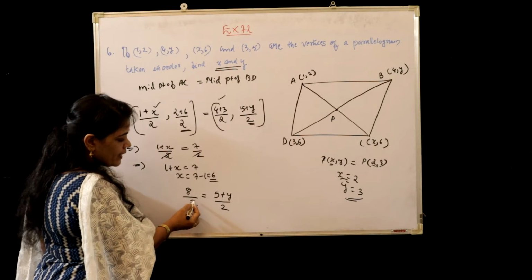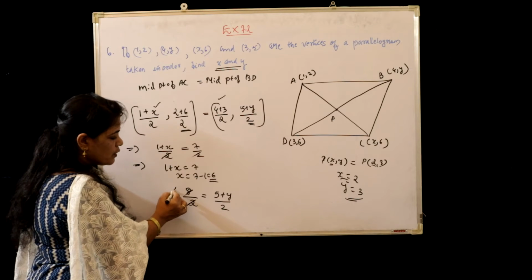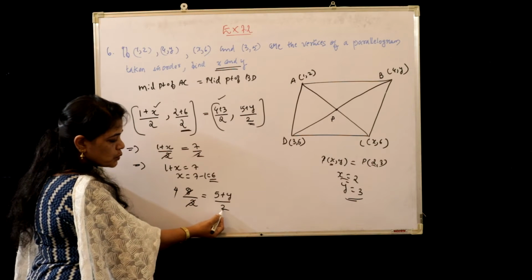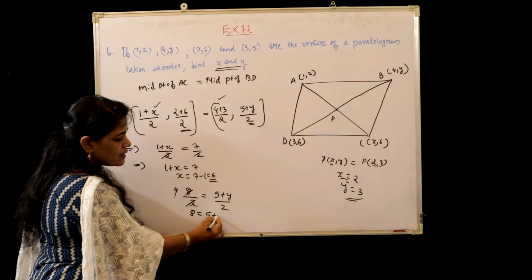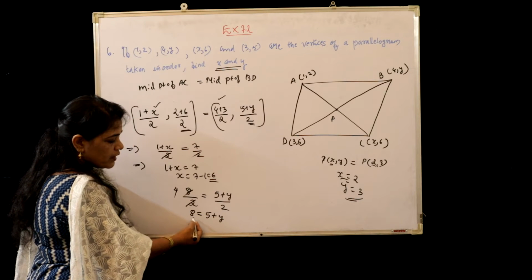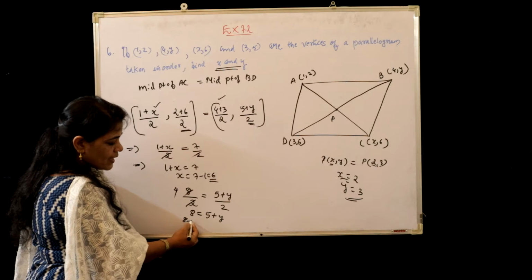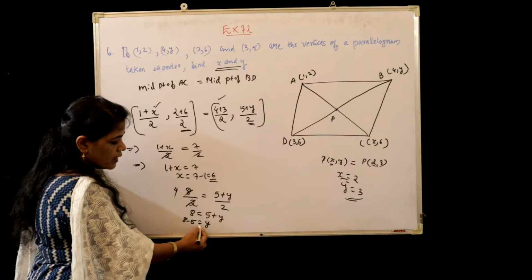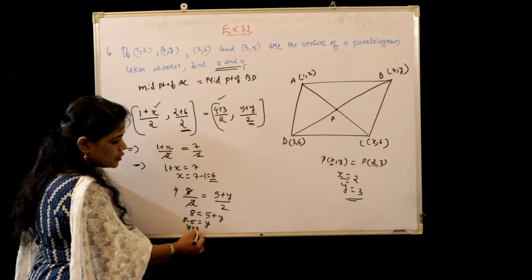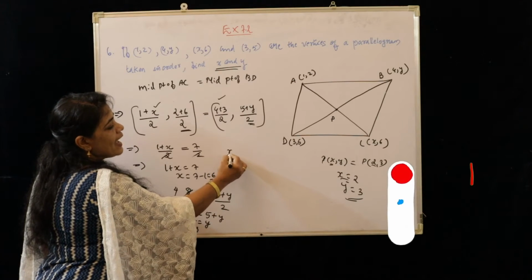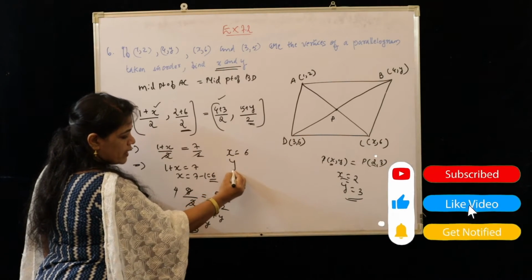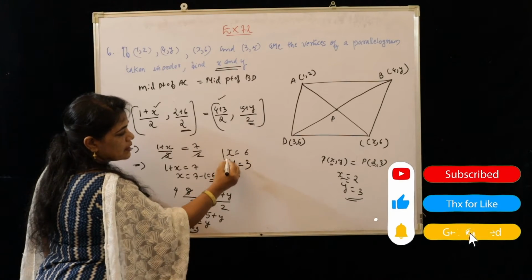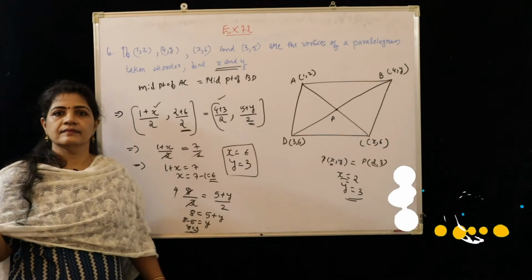So 8 by 2 is 4, so 4 equals 5 plus y, or 5 can be taken to the LHS. So 8 minus 5 equals y, or y equals 3. That means we got x is equal to 6 and y is equal to 3. That is what is asked.